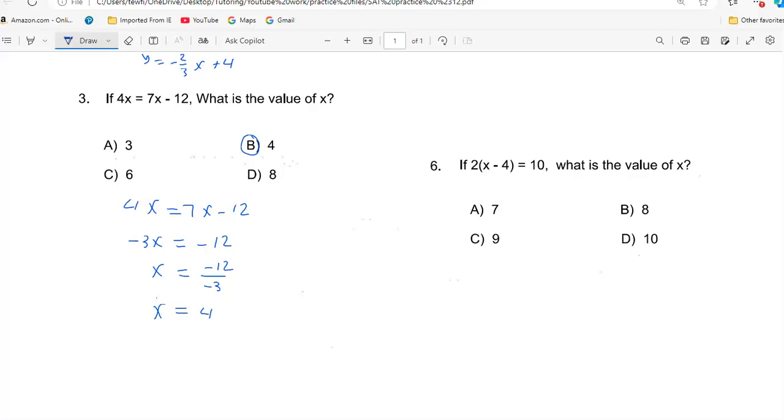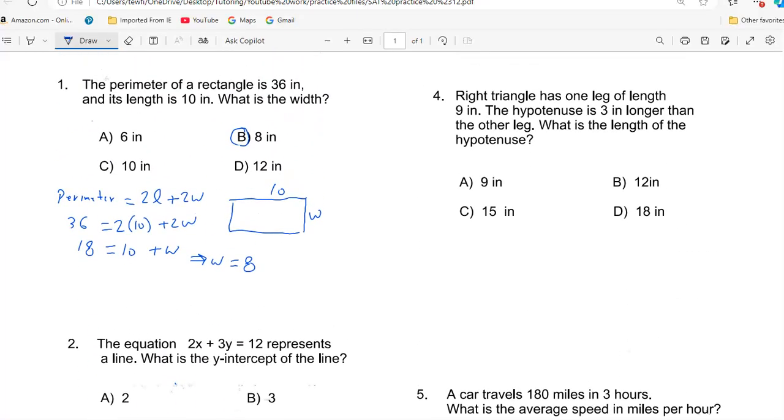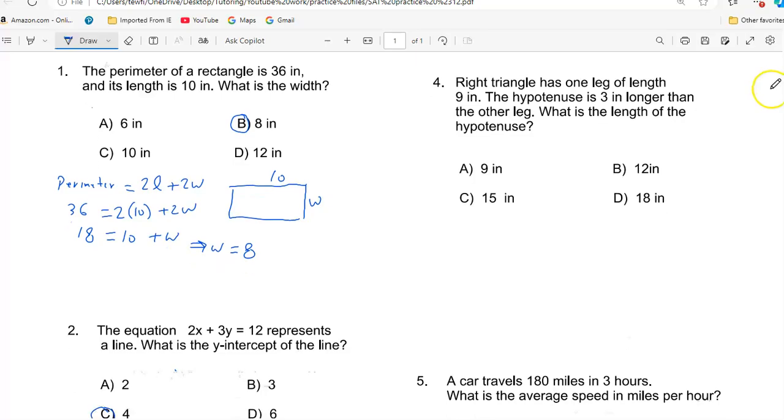Let's see what we have for number 4, I mean. A right triangle has one leg of length 9 inches. The hypotenuse is 3 inches longer than the other leg.